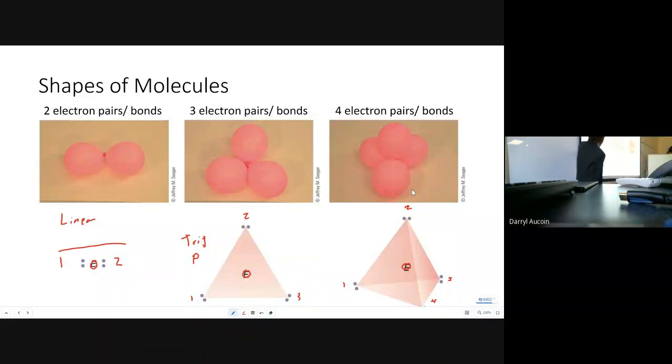Or a linear molecule may be able to fit through a hole that this triangle can't fit through. So it's going to change the shape of the molecule, may change its behaviors in chemistry, different reactions that can occur, different attractive forces that can occur with these different atoms based on the shape.